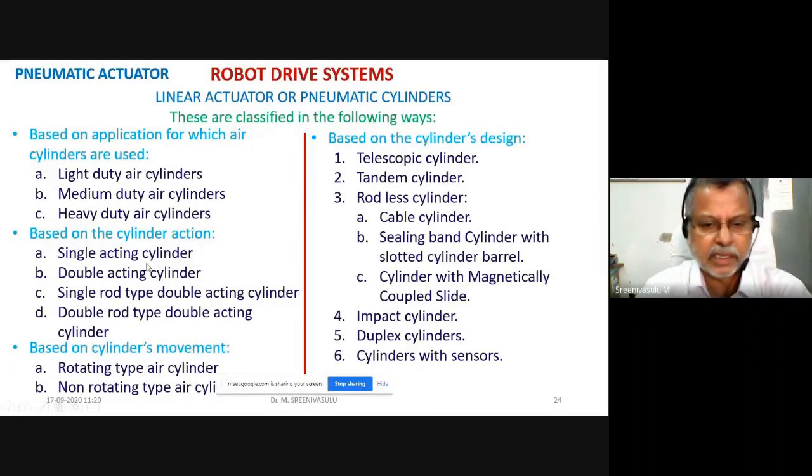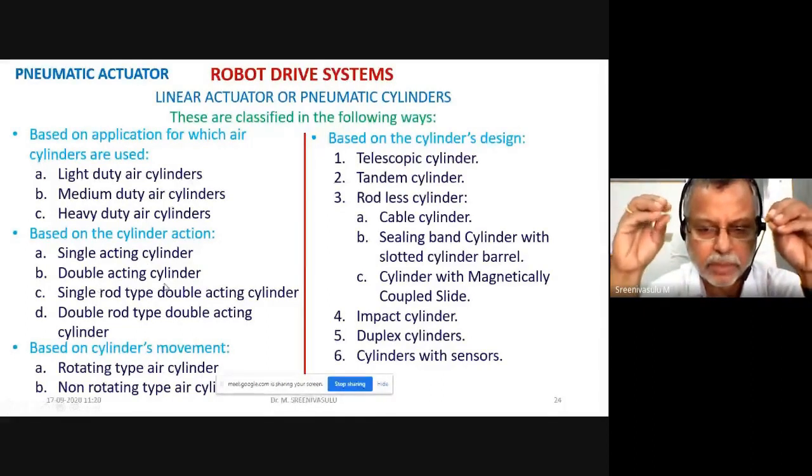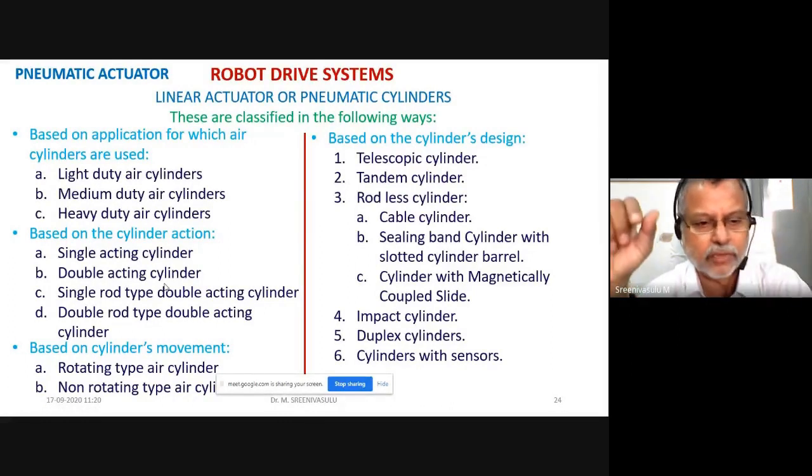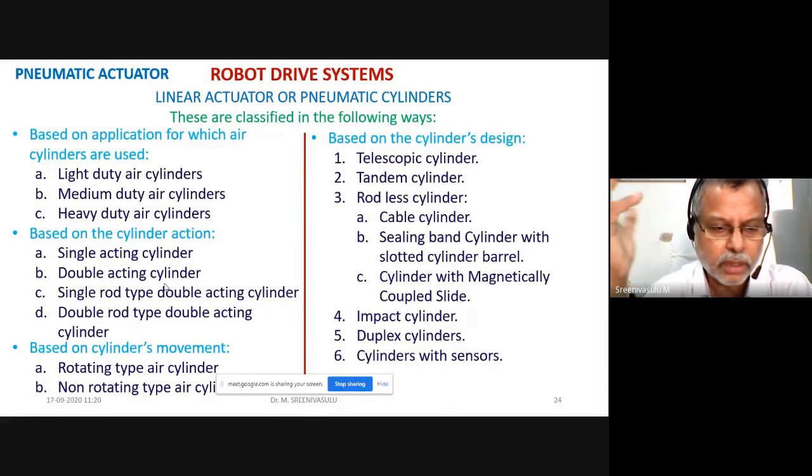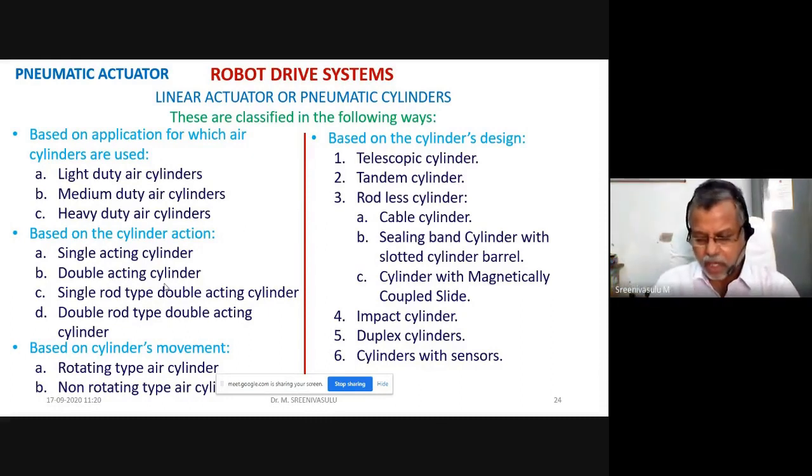Coming to the double acting, pressurized air is going to be admitted either into the left side or into the right side of the piston. So in that particular process, for a double acting piston, if you have one rod attached on one side, you can imagine one connecting rod moving forward and backward.